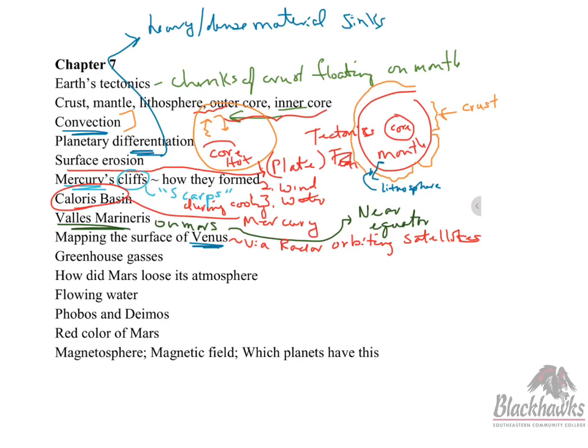Cool. And I can't remember greenhouse gases. There might be a couple questions, but today greenhouse gases are in the news and all that. So you probably have a sense for what they are on Earth, and they're the same for other planets. We're going to see that Venus has a crazy amount of greenhouse gases. Greenhouse gases trap outgoing heat.